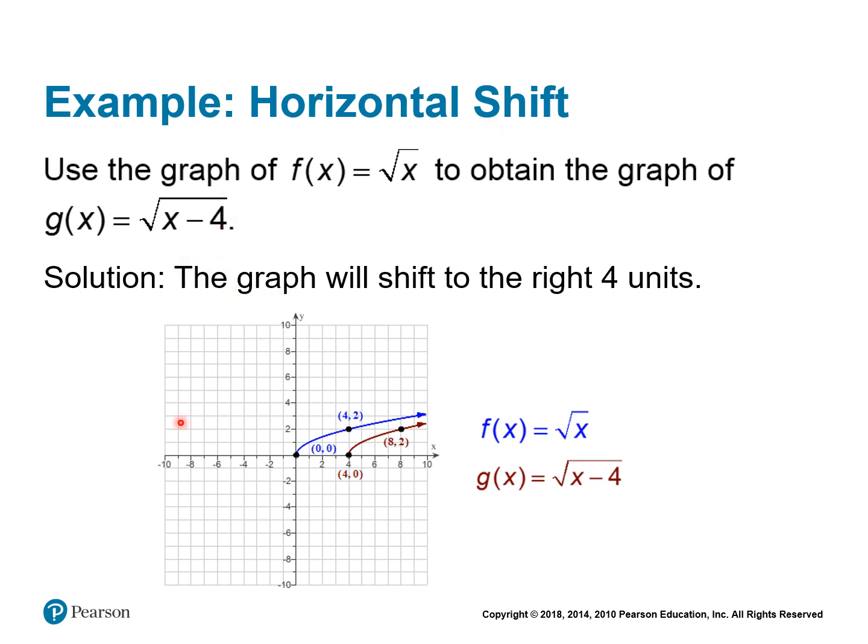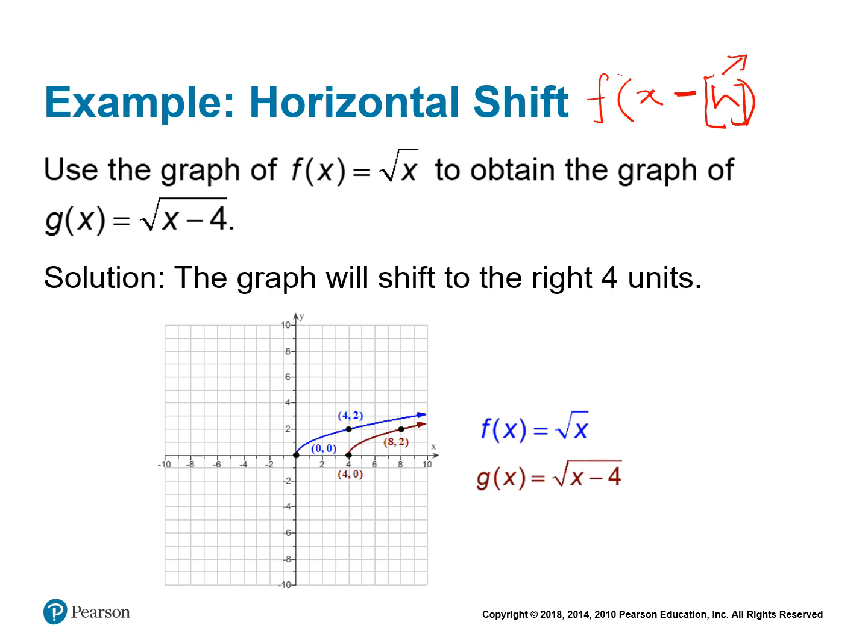Now, the form of the horizontal shift is f of x minus h. And we said we just have to look at the h, not this minus. Keep that out of the value of h for the time being.